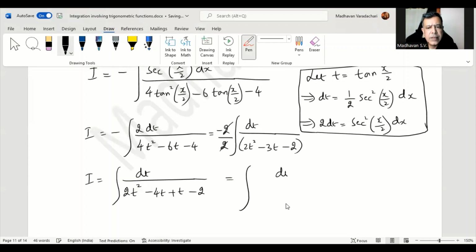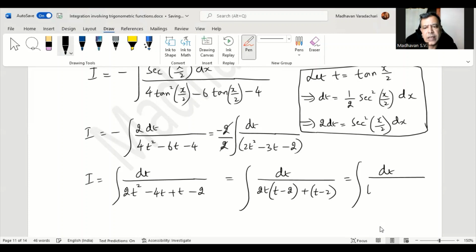Further, this is simplified as, in the denominator, first 2 terms you may notice 2t is common. So we can take 2t outside. So you will have t minus 2 plus t minus 2. Now in the denominator t minus 2 is common. We can take that outside. So we will have t minus 2 into 2t plus 1.